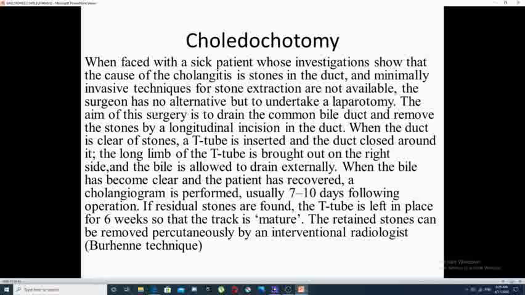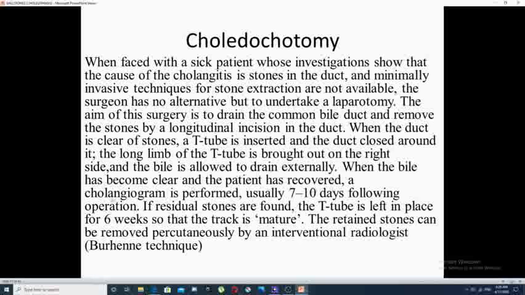The aim of surgery is to drain the common bile duct and remove the stone by a longitudinal incision in the duct. When the duct is clear of stones, a T-tube drain may be inserted into the common bile duct. The long limb of the T-tube is brought outside on the right side of the patient. When the bile becomes clear, the patient has recovered.